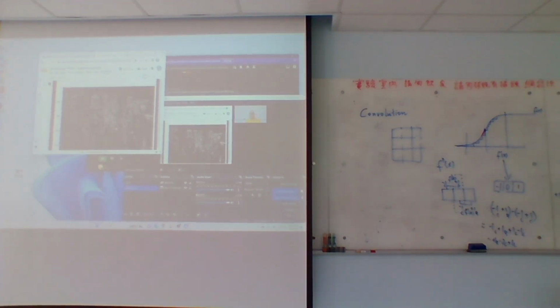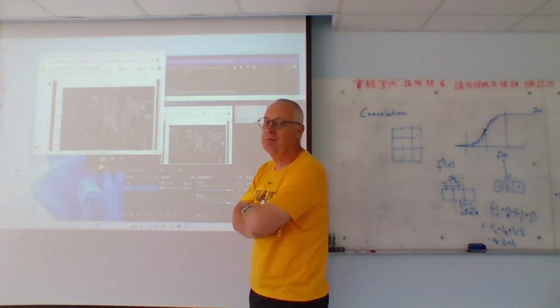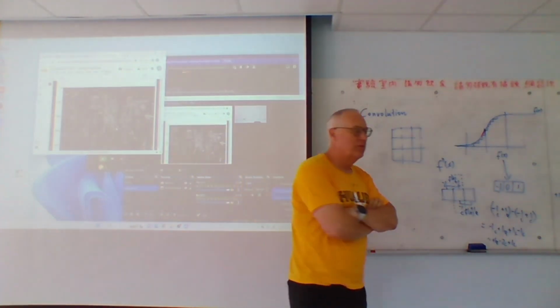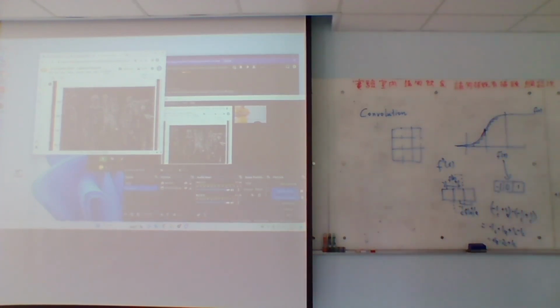Because of that, and since it's implemented as a convolution mask, there's basically no difference in the performance of the algorithm. The runtime is going to be identical because we're just running a 3x3 convolution mask over the image.